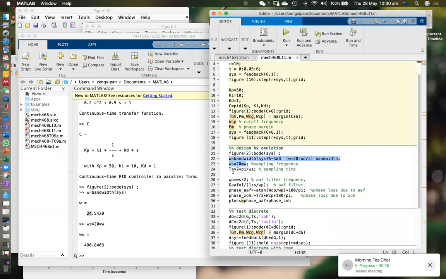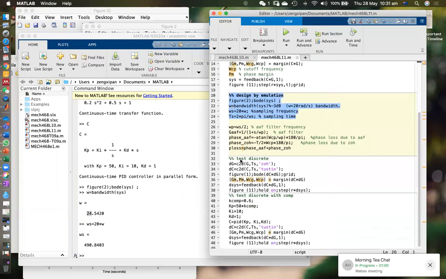So the sampling time, TS, is 2 pi over omega s. So these few steps go from the closed loop bandwidth to get our sampling frequency. That's the first step, how to choose our sampling frequency. So that's done here. We got our sampling frequency of 490 radians per second. Then we choose our anti-aliasing filter.